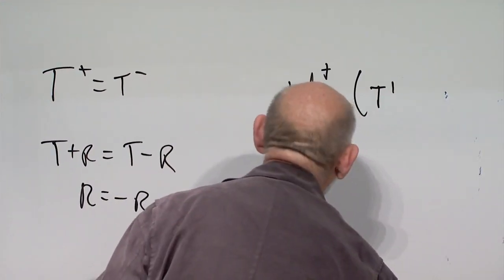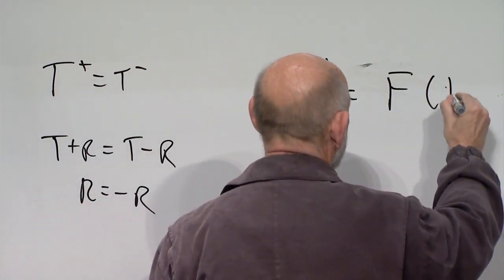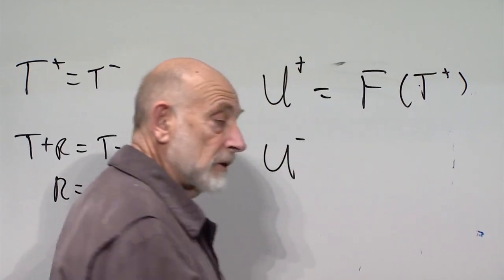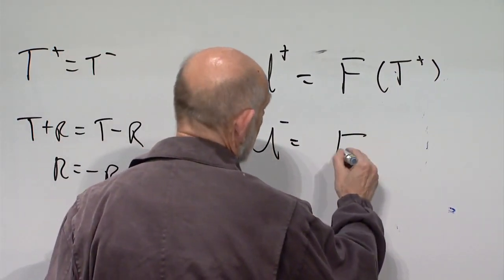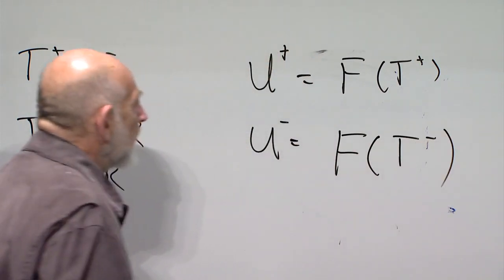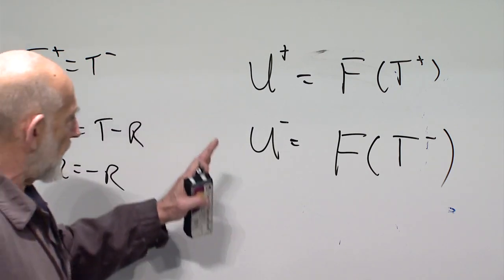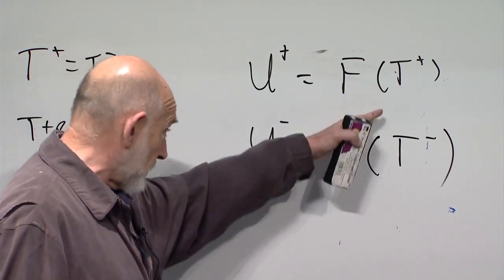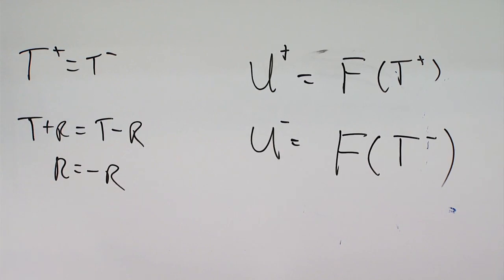U plus is some function of t plus. It's not going to involve t minus at all. And u minus is, I think, the same function of t minus. This function is just a coordinate transformation in which t plus and t minus independently transform to some new coordinate. Good.